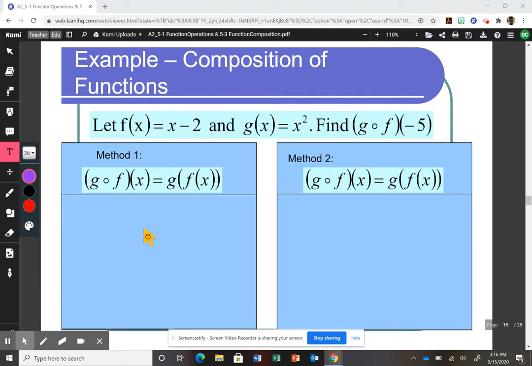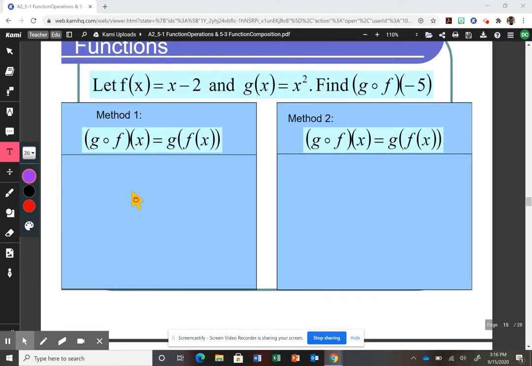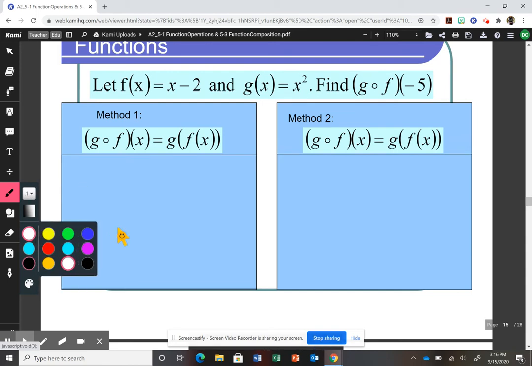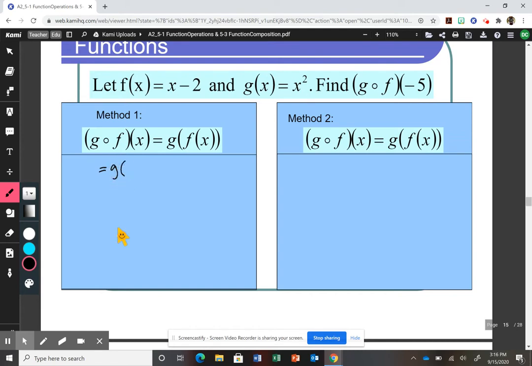Okay, so the first thing I'm going to do is just work with the function. All right, so we're going to start with g. And what's on the inside here? We know that this is on the inside, right? And that is x minus 2. So I'm going to put x minus 2 because remember, we work from the inside, okay?